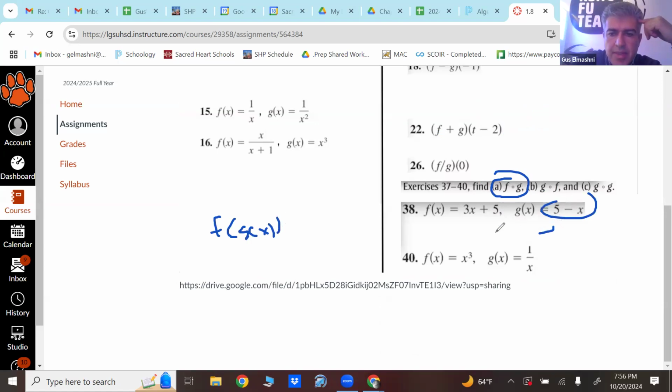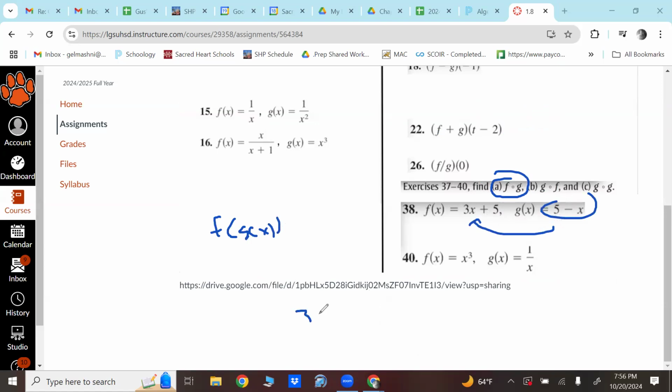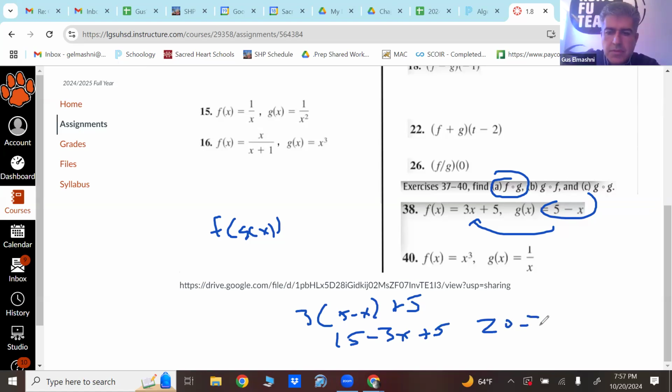So this goes inside this. You get 20 minus 3x. Okay, hold on one second.